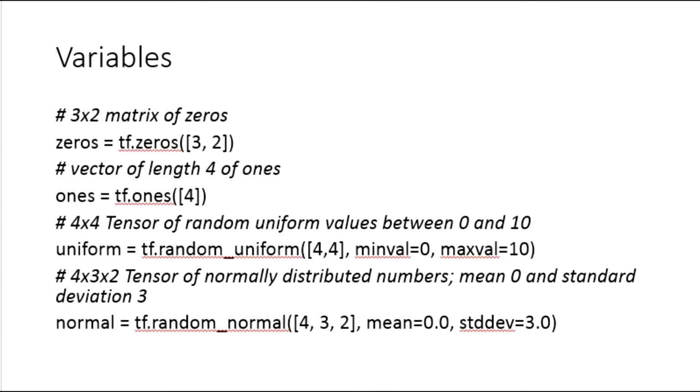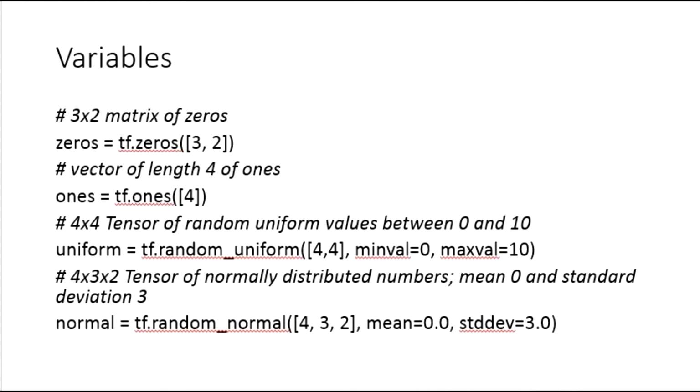Oftentimes the initial value of variables will be large tensors of zeros, ones, or random variables. To create these types of variables, Tensorflow offers some helpful operations such as tf.zeros, tf.ones, tf.random_normal, and tf.random_uniform.